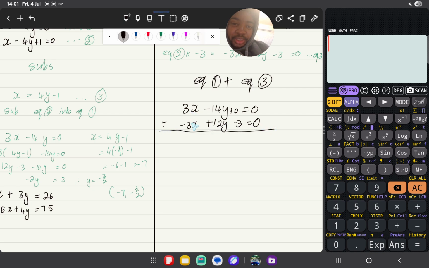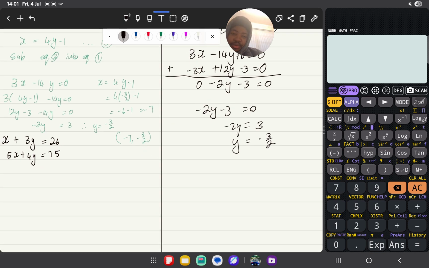I do my math, this plus this, 0, this plus this, minus 2y, this plus this, minus 3 equals 0. This equation I continue, minus 2y minus 3 equals 0, and then minus 2y equals 3, and then y equals minus 3 over 2, which is exactly the y value we got.